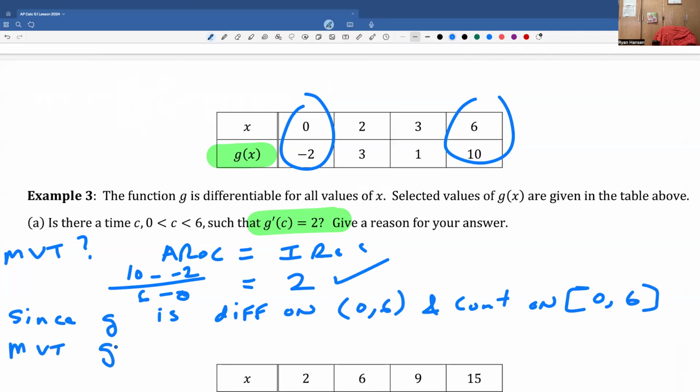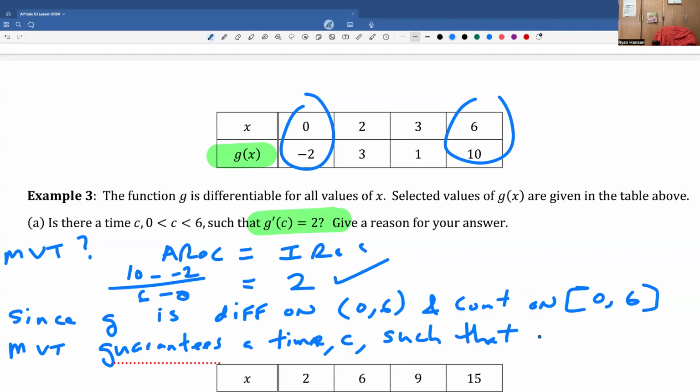MVT guarantees a time C such that, what? G prime of C equals the average rate of change, which is G of 6 minus G of 0 over 6, and both of those must equal 2.